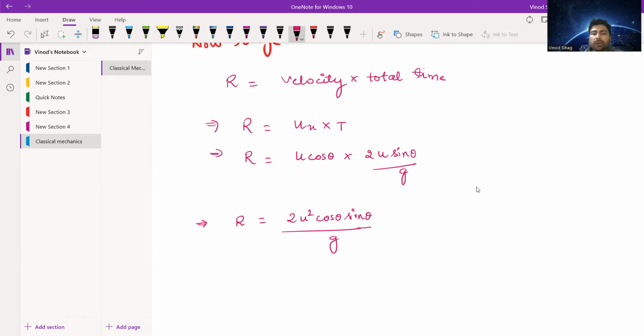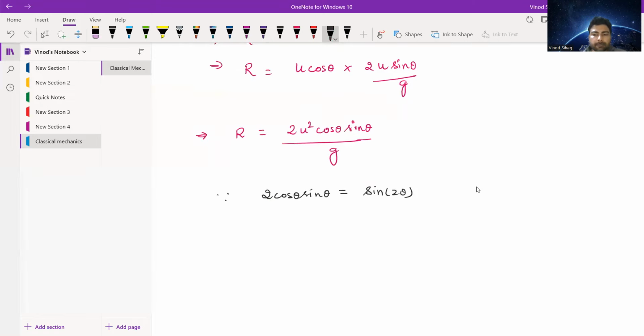If you want to solve it further, what can we write here? As we know, 2 cos theta into sin theta is nothing but sin 2 theta, from the trigonometric property.